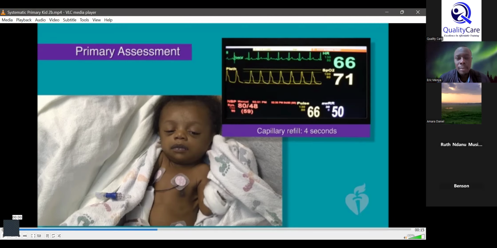There are signs of shock. So what staging of shock are we dealing with here? Is it compensated or hypotensive?